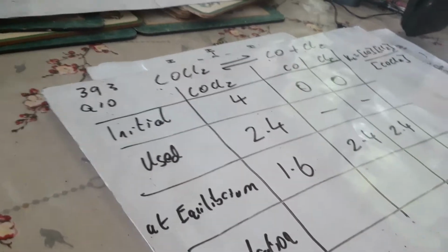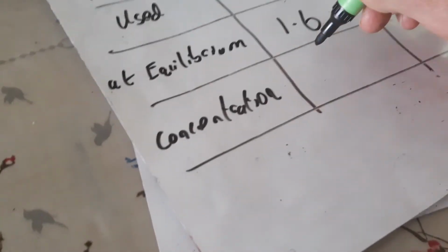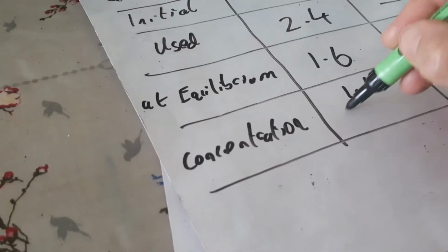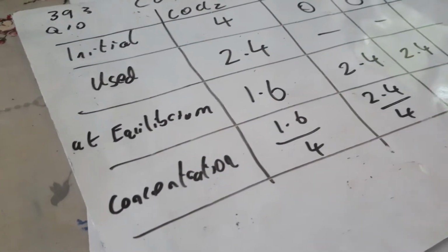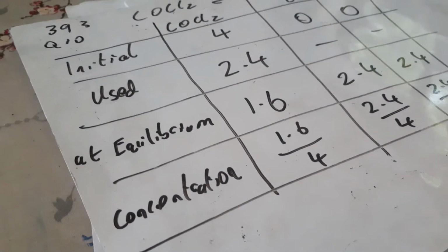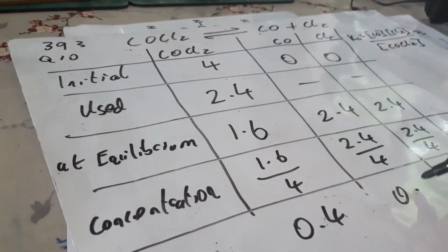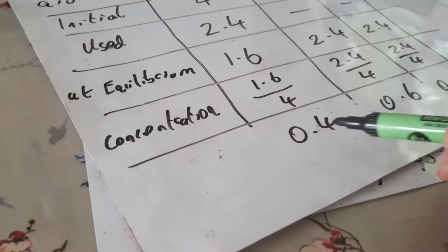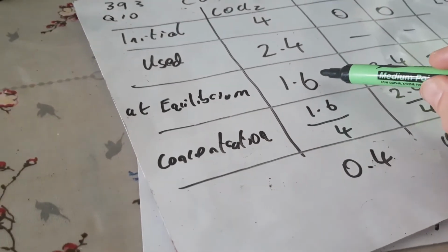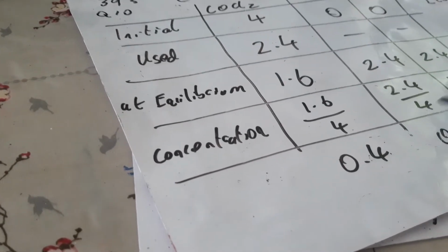So now we divide by our volume: 1.6 divided by 4, 2.4 divided by 4, and 2.4 divided by 4. That gives me 0.4, 0.6, and 0.6. I've changed from moles to moles per litre by dividing by the volume, 4, which is in the question.